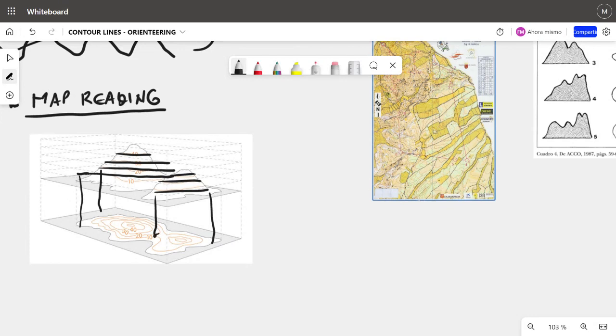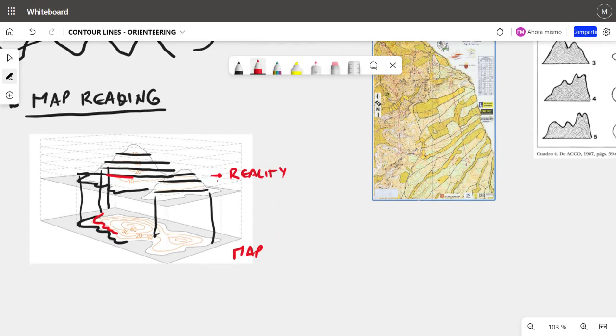This is made by a computer. So this first cut, this first slice, is represented in this first line. I'm going to change the color. The second slice is represented by the second contour line in the map. Remember that this is the map that is flat, and this is the reality that has height differences.